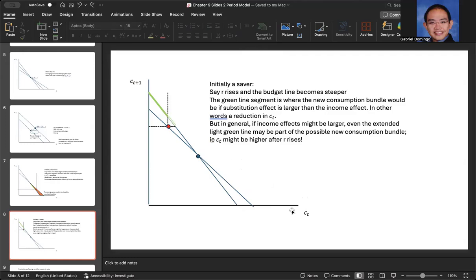We're only really talking about what happens to current consumption. Future consumption will tend to rise because when R rises, that has a direct effect of simply increasing your future income, so you'll tend to consume more because of that effect there when your income goes up.